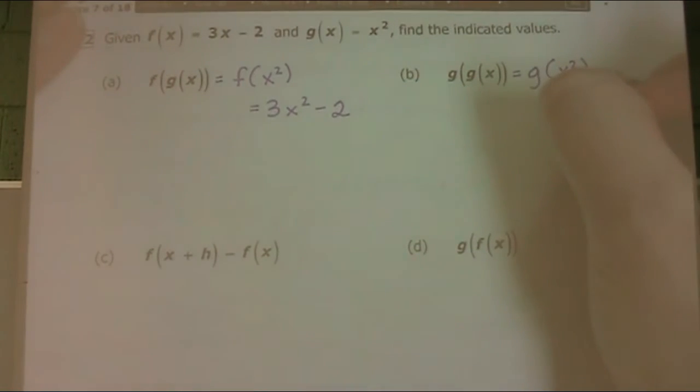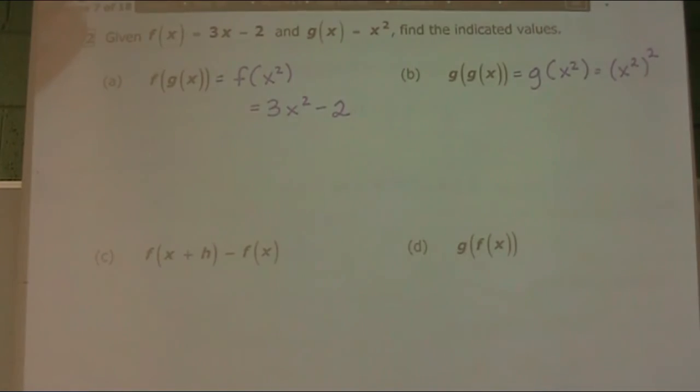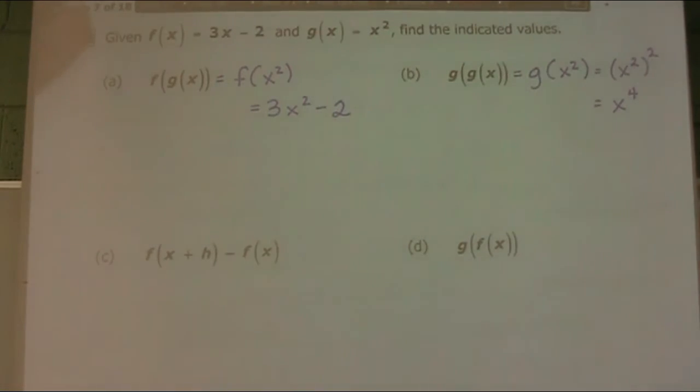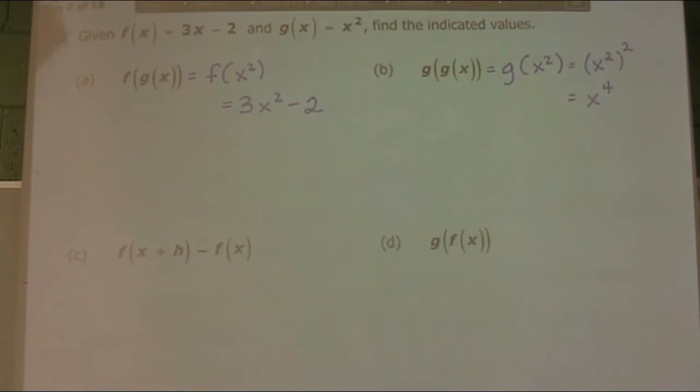So this is x squared, let's put it in parentheses, squared. And this simplifies to x to the fourth. You'll remember from Algebra 1 that we're going to multiply these exponents, so 2 times 2 is 4. That makes this x to the fourth.